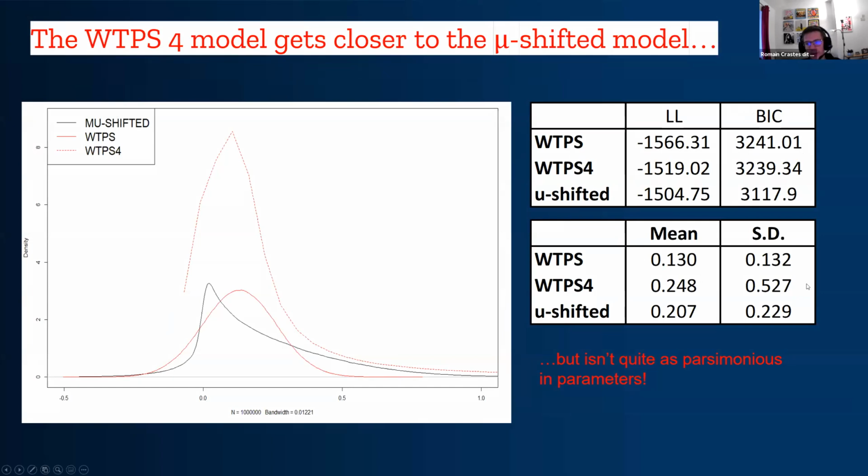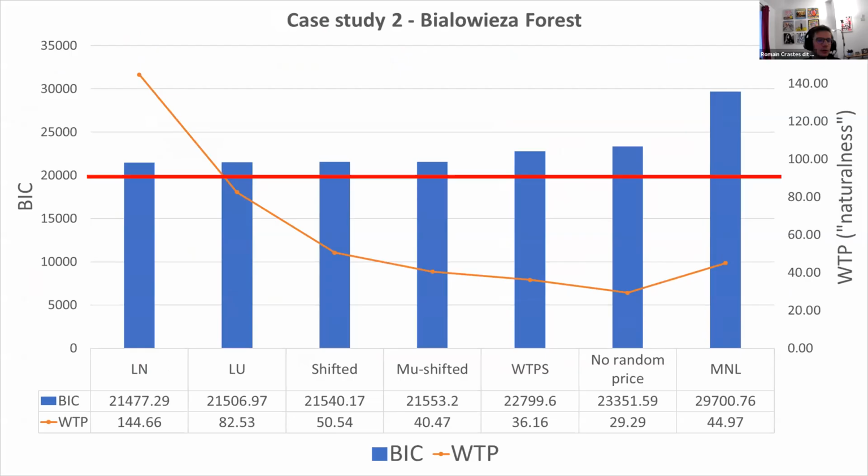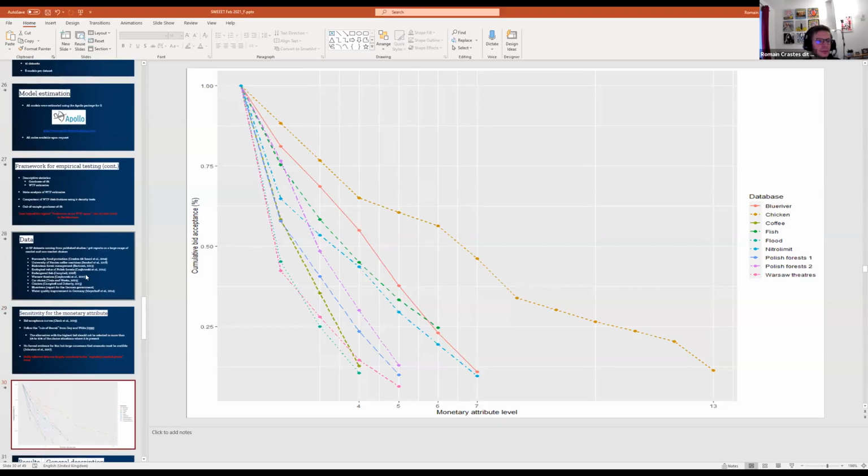At the same time, you're right: in terms of mean, they're getting closer. But it's much less parsimonious in parameters, in my opinion. And this is something I've observed with quite a few other data sets. I'm just getting the list of the data sets to completely address your question.